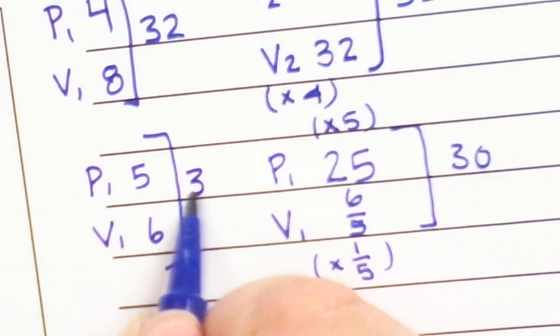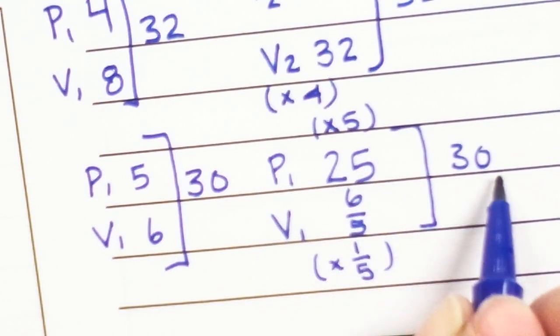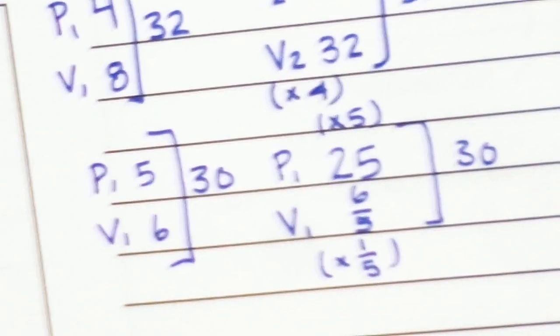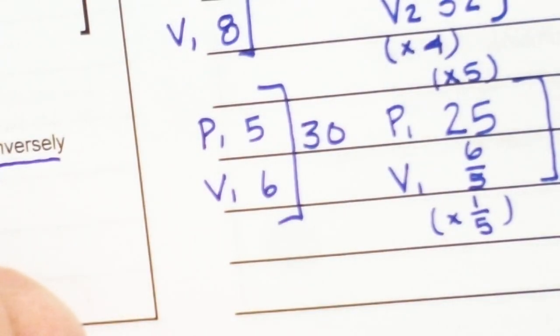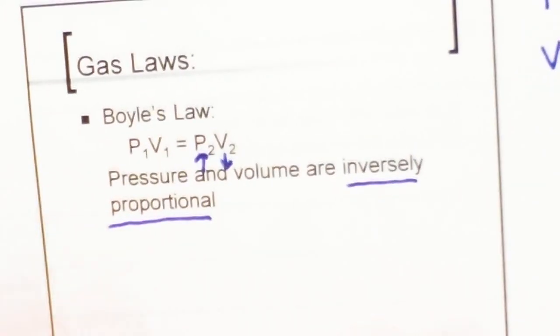These two, 5 times 6 is 30. 25 times 6 fifths is equal to 30. Okay? This is inversely proportional. As one goes up, the other goes down by the inverse amount.